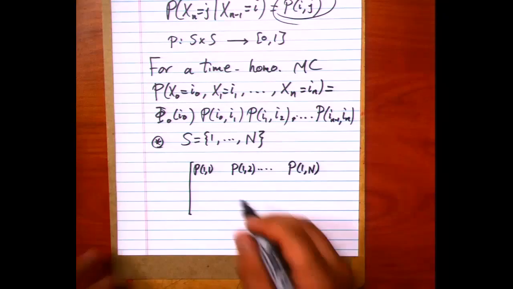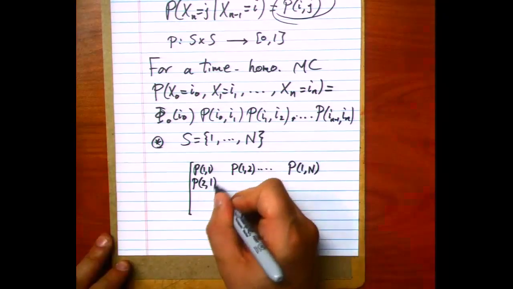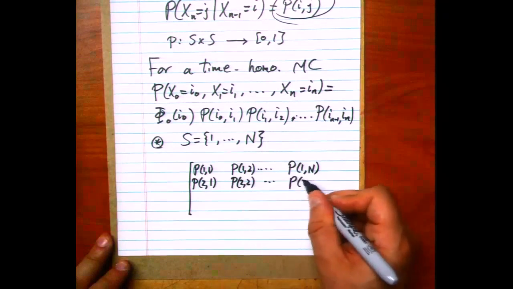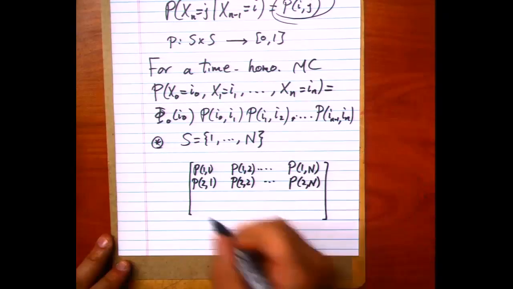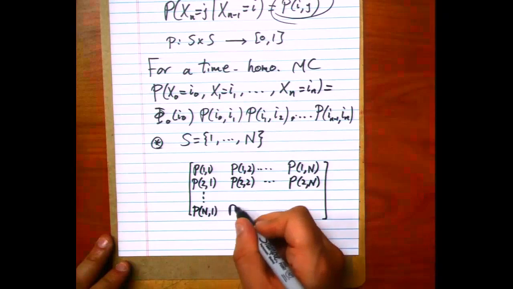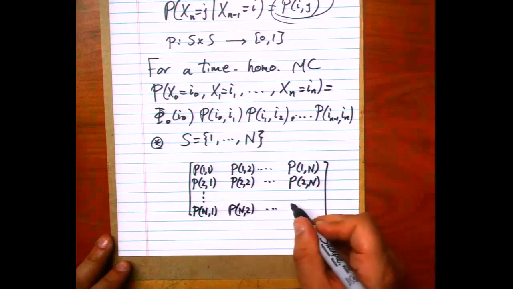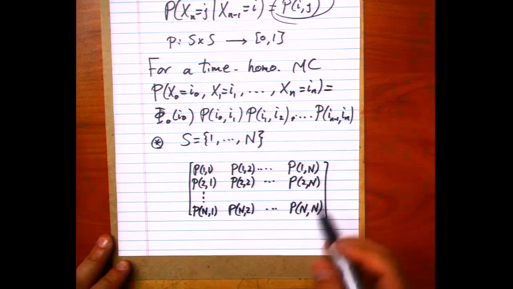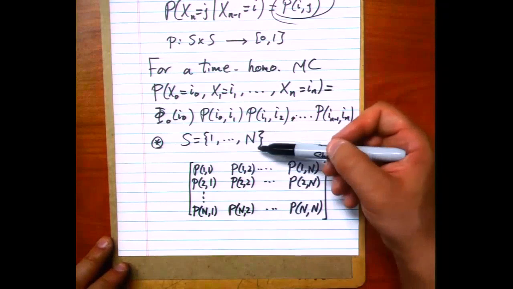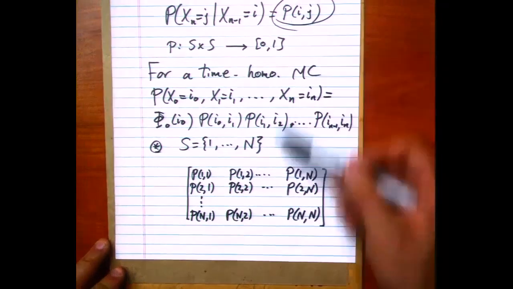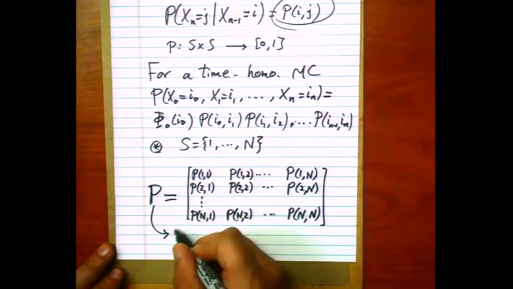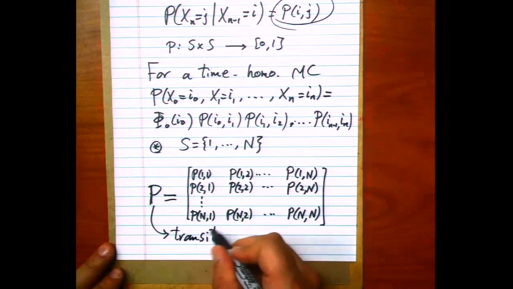And here P_{21}, P_{22}, all the way up to P_{2n}. And do the same thing all the way down here to P_{n1}, P_{n2}, all the way up to P_{nn}. So since you have only a finite number of states, just take these P_{ij}, place them inside a matrix like this, and call this a matrix P, or what we call the transition matrix.